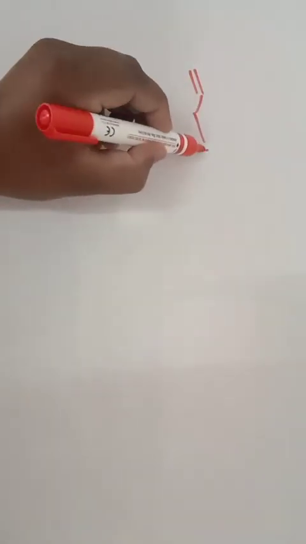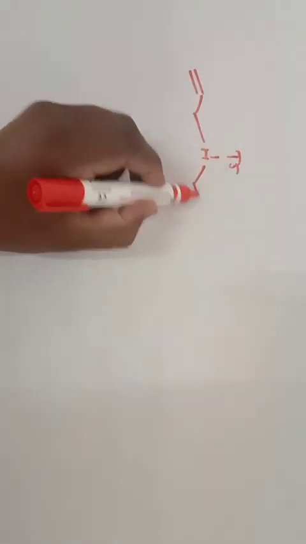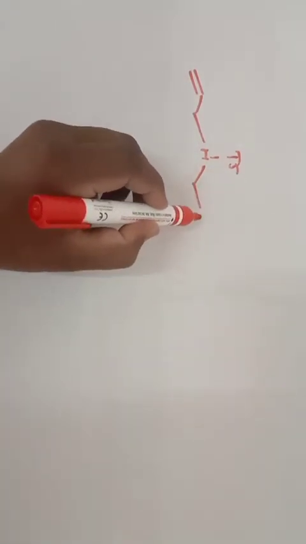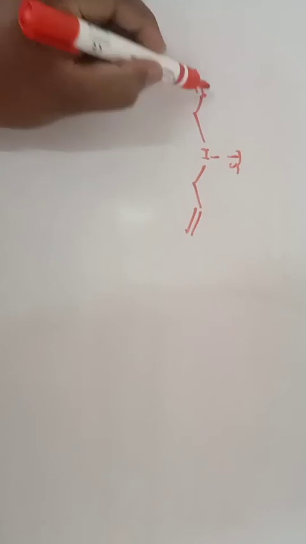If you consider the mechanism, let us consider this is your alkene, with N-tosyl here. So we take an organic chemistry example. This is your monosubstituted alkene, this carbon and this carbon are monosubstituted.